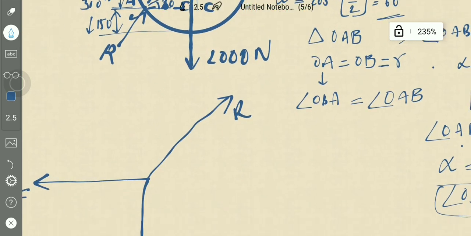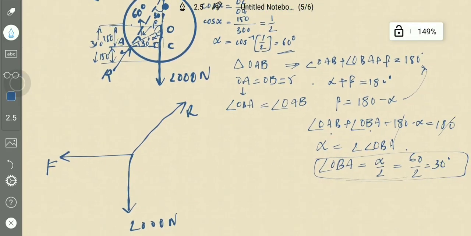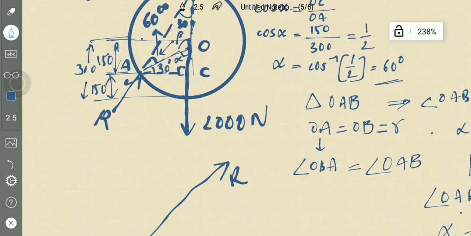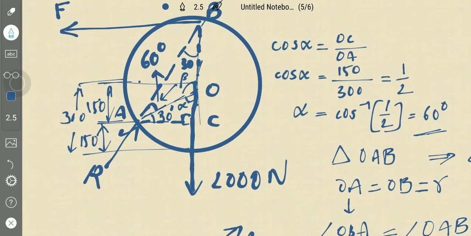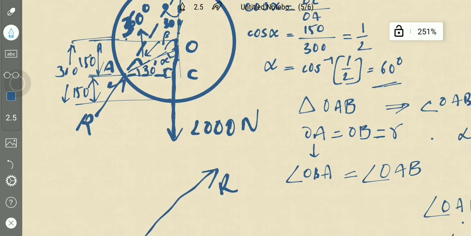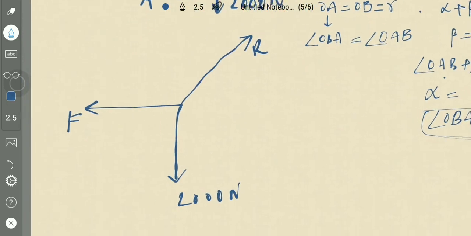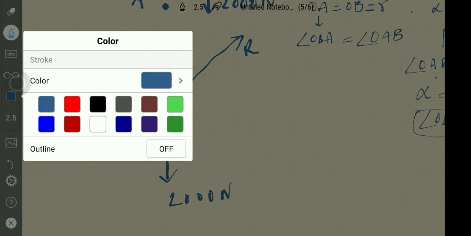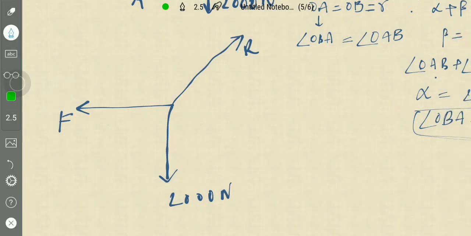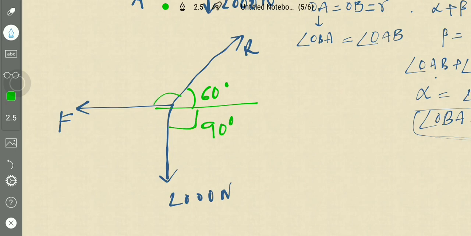Which means this is 30 and this will be also 30 because angle OBA is equal to angle OAB. So this makes an angle 60 degrees, this is 90 degrees, and this is 180 minus 60, 120 degrees, and this is again 90 degrees.